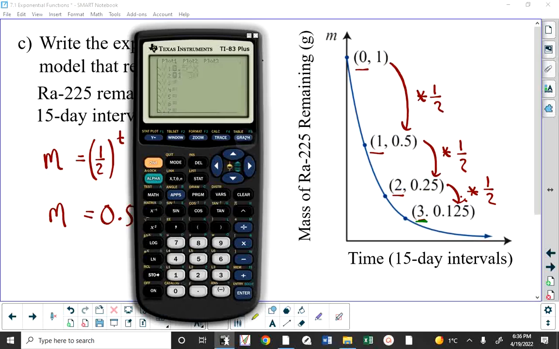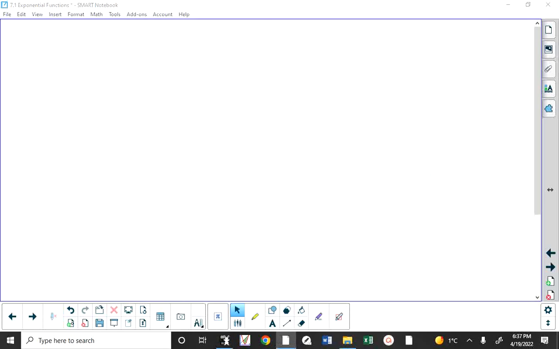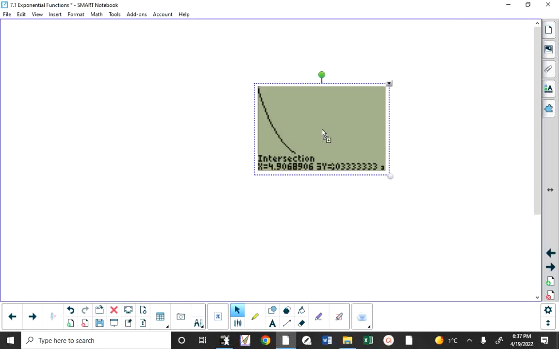So let's take a look at these now. There's my exponential function that's showing decay. There's my 1 over 30. I need to simply find the x-coordinate of the intersection point by going to my Calculate menu, choosing Intersect. Right now, since I only have 2 curves, I can just pretty much close my eyes and hit Enter 3 times. And I get 4.90689.